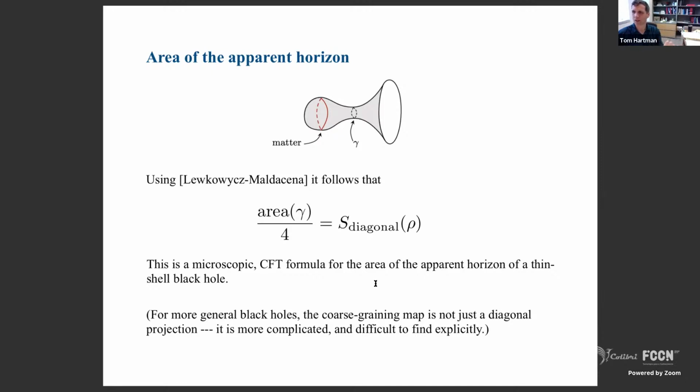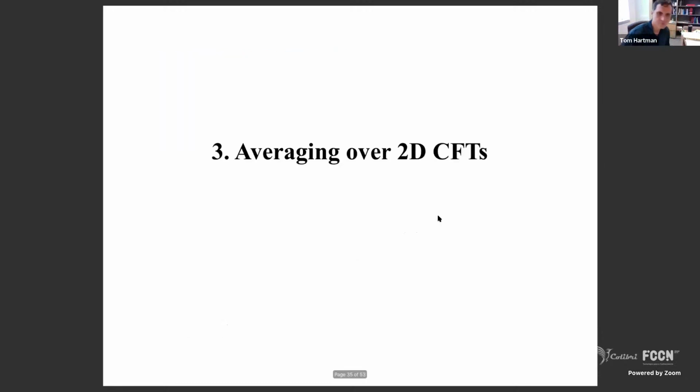It's a more complicated coarse graining, something inherent to holographic theories, which agrees with the diagonal projection in simple cases like the thin shell black hole. So that's all I have to say about the general case and the interpretation in terms of coarse graining.